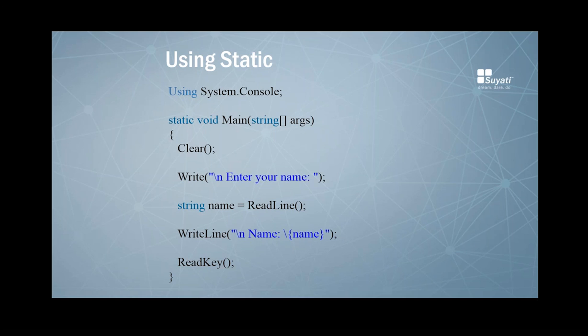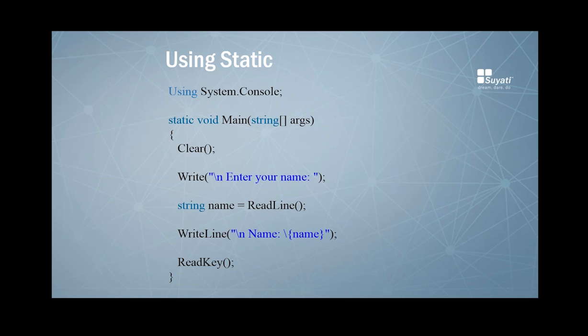When using a static member, to access any static member, we need to repeat the class name. For example, Console is a static class and ReadLine, WriteLine, ReadKey and Clear are the methods of the Console class. So, we need to write the class name first, then the method name every time in a C# file.